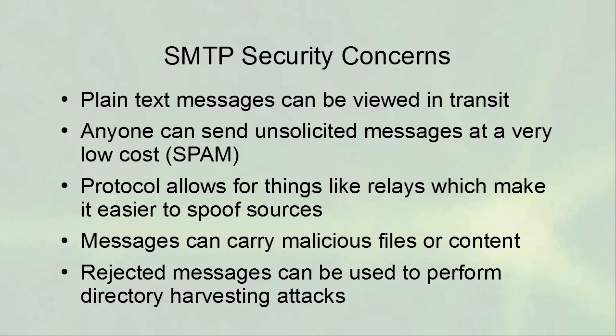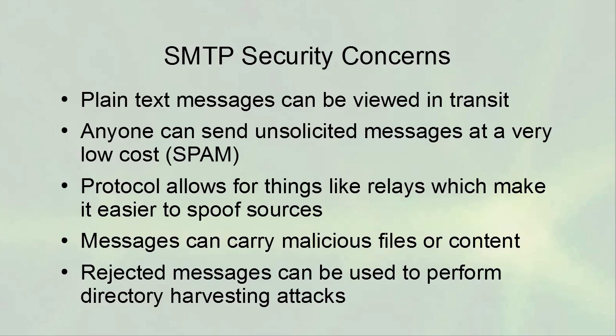Anyone can send unsolicited messages at a very low cost. So spam is very cheap. You can send all kinds of mail. You can claim to be anybody you want. There are a lot of different changes in how mail servers are handling this. They can look at things and say, well, you're claiming to be from one server, but you're actually sending it from a different server, and then they can mark you as spam.